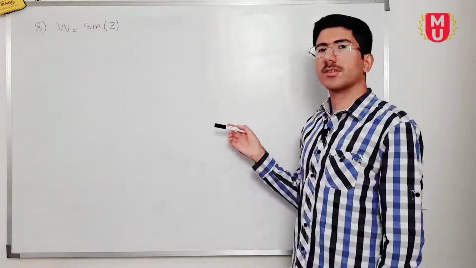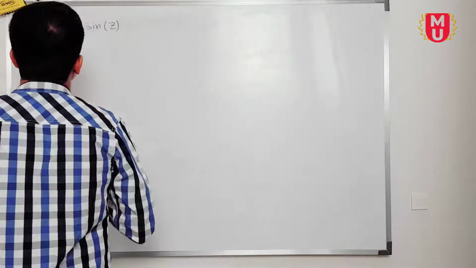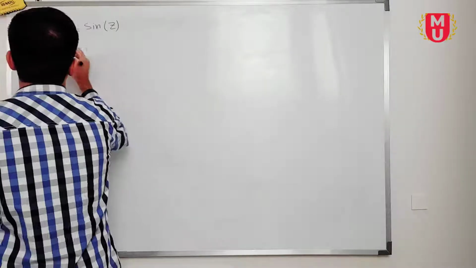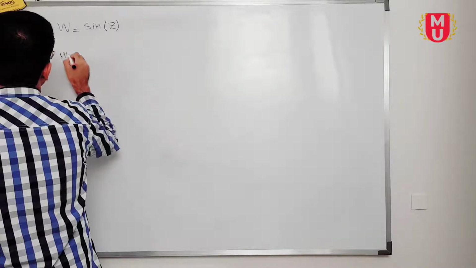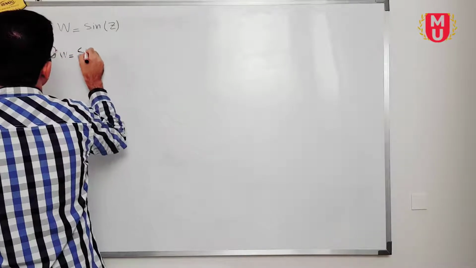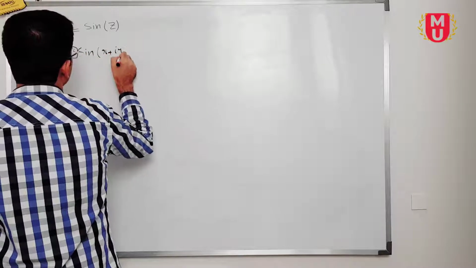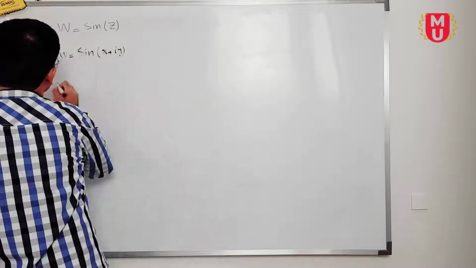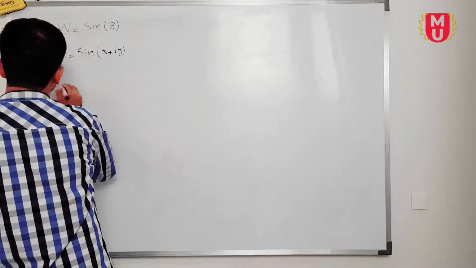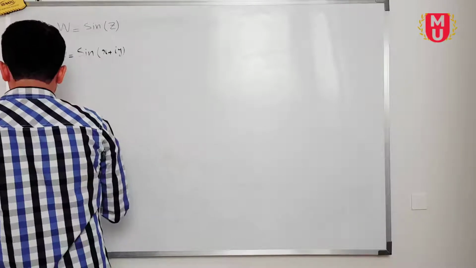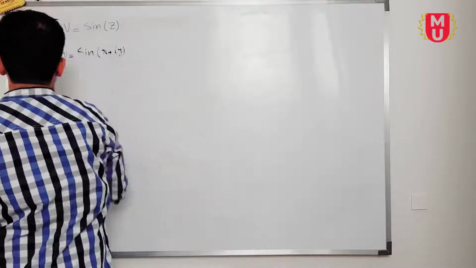The eighth mapping function that I've chosen is w equals sine z. We simply open it up like this. w equals sine of x plus iy. Let me get this out in the open and simply write u and v straightforward.